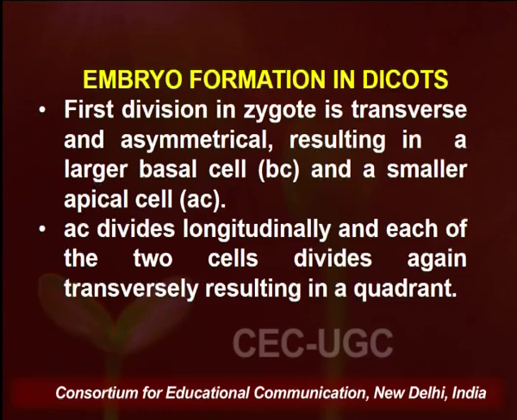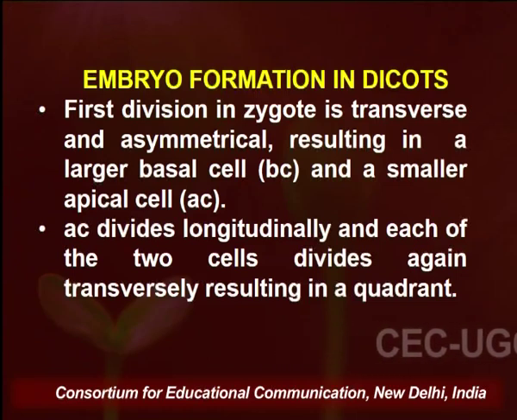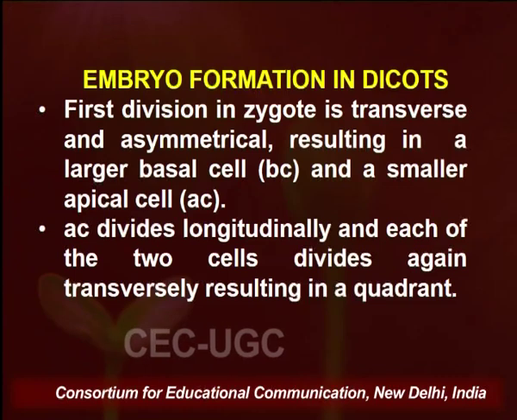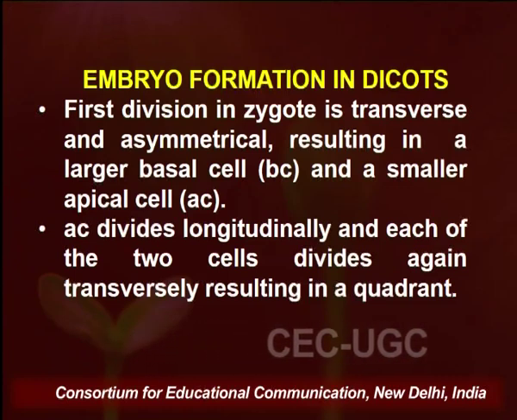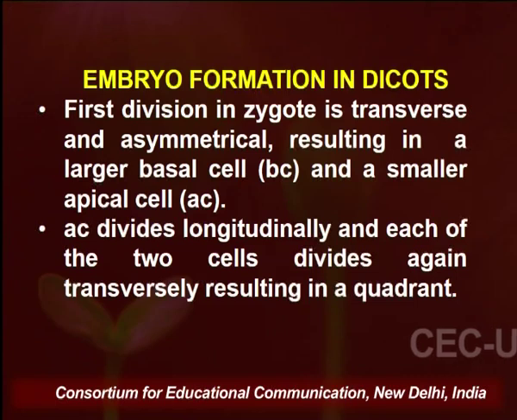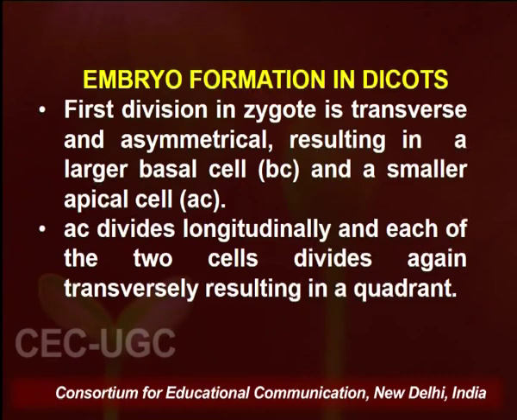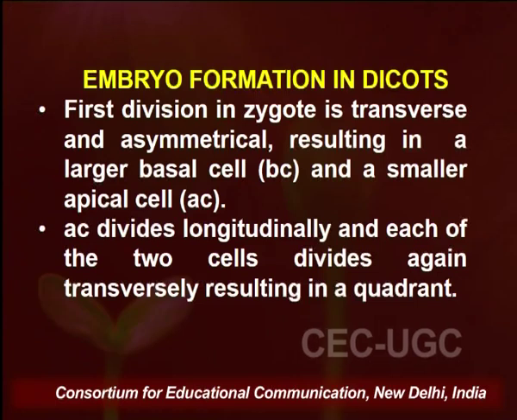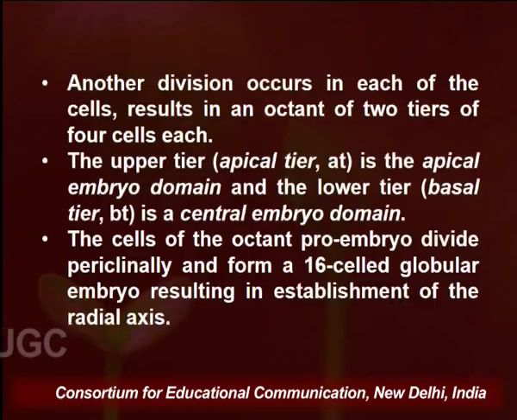Now, you would recollect that in the last lecture we discussed that the first division in the zygote is transverse and asymmetrical. So, it results in the formation of a larger basal cell and a smaller apical cell. The apical cell divides longitudinally and each of the 2 cells divides again transversely, resulting in a quadrant.